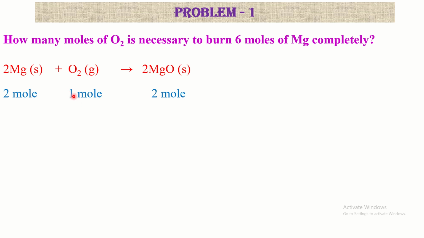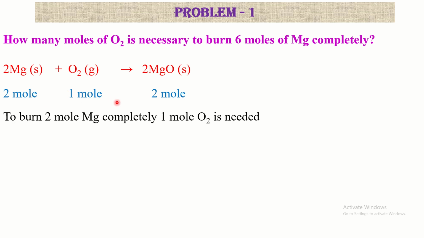So from there we can tell that 2 mole magnesium reacts with 1 mole oxygen. Now by the unitary method we will find out how many moles of oxygen are needed to react with 6 moles magnesium. To burn 2 mole magnesium completely, 1 mole oxygen is needed.